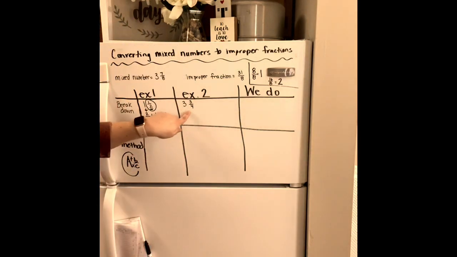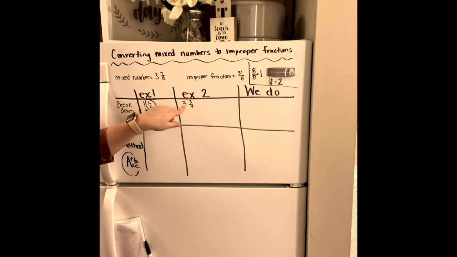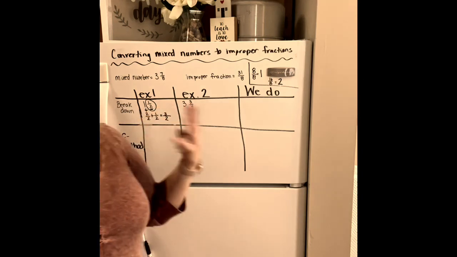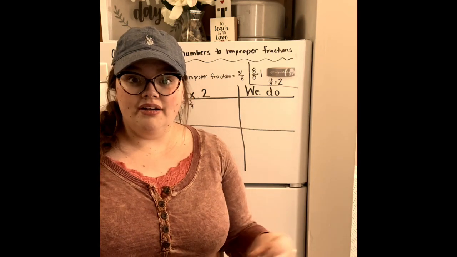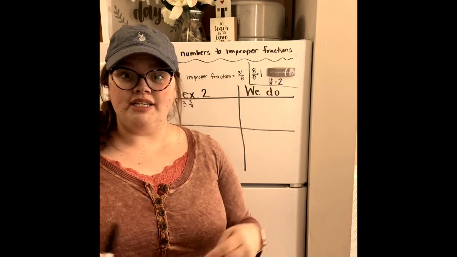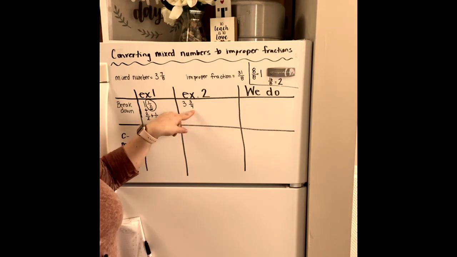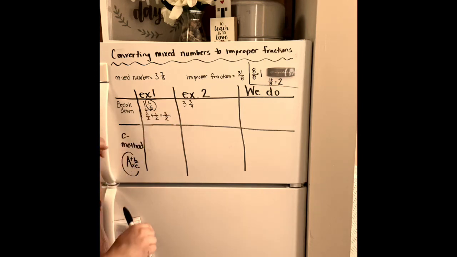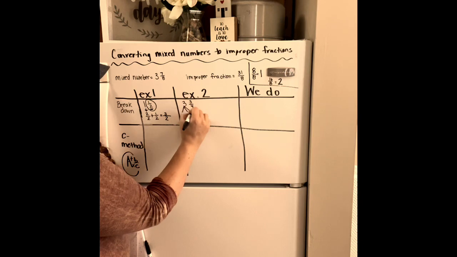Okay? Let's take a look when the whole number isn't just a 1. Now I have an example too. My whole number is a 3. What does that mean? How do we change that into the right number or the right fractions that we need? Well, I'm taking a look here and I'm seeing that this fraction right here has a denominator of 4. So that means if I break down 3, there's 3 wholes here. 1, 2, 3.